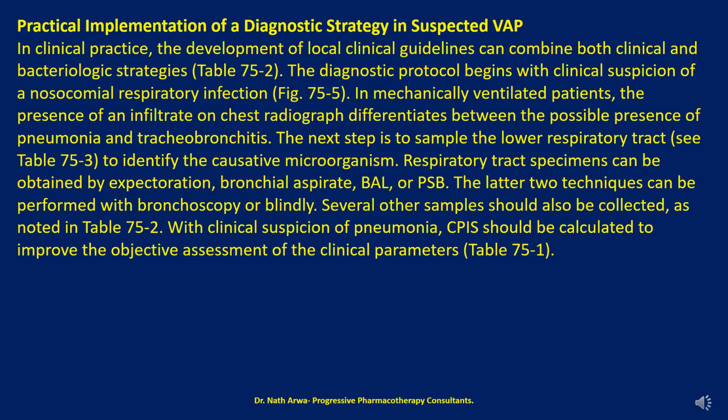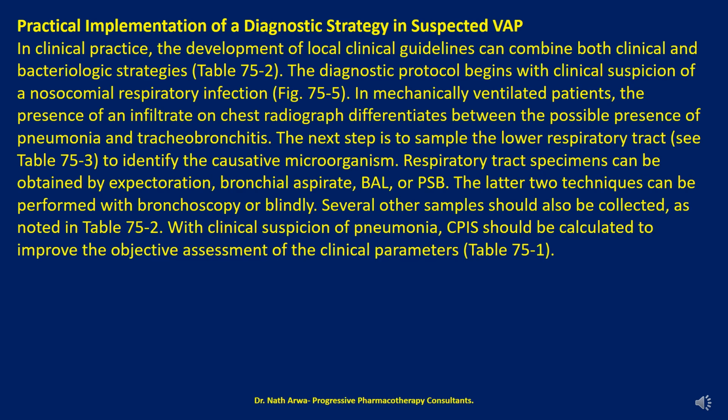And now we will consider practical implementation of a diagnostic strategy in suspected ventilator-associated pneumonia. In clinical practice, the development of local clinical guidelines can combine both clinical and bacteriologic strategies, as shown in Table 75-2. The diagnostic protocol begins with clinical suspicion of a nosocomial respiratory infection, as shown in Figure 75-5.